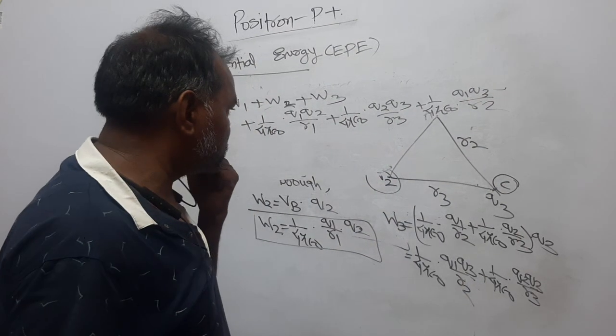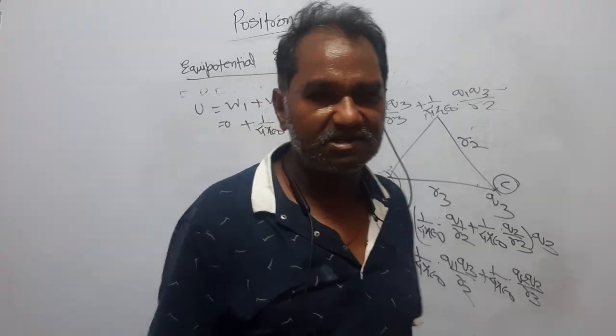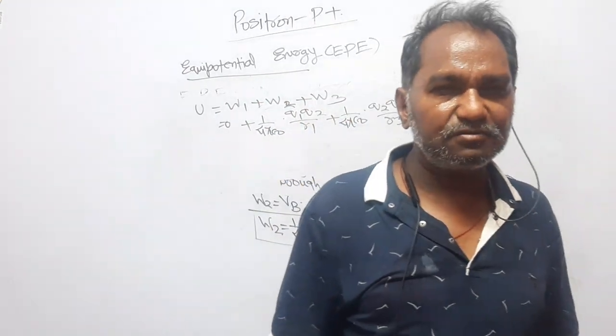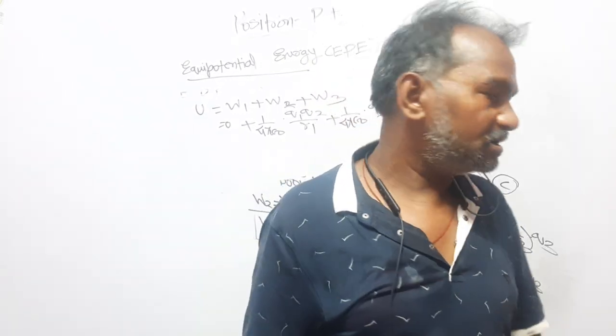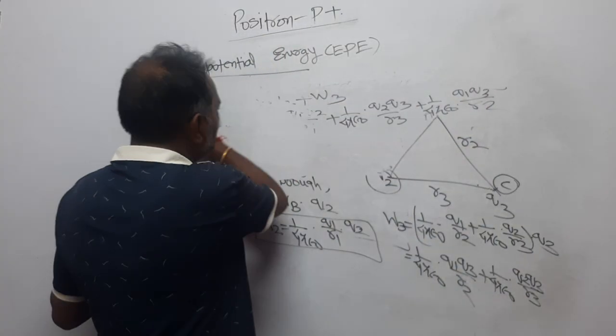In this way, dear student, we find out the EPE of the system. EPE means the work done, the energy required in assembling the charges, right? Now, I'm moving ahead.